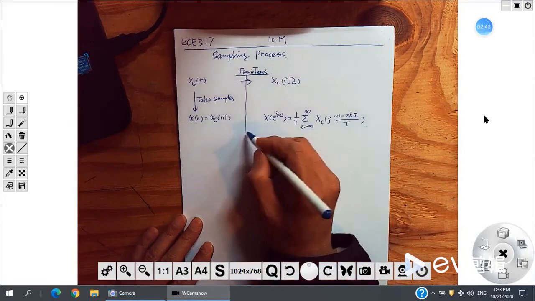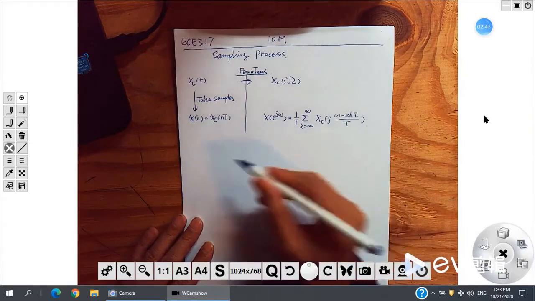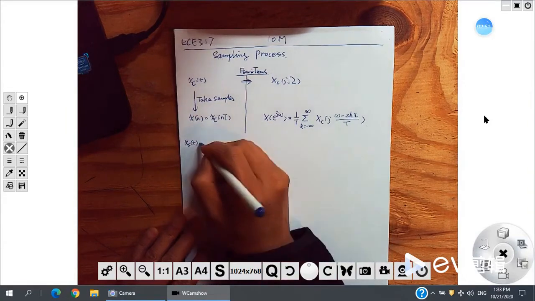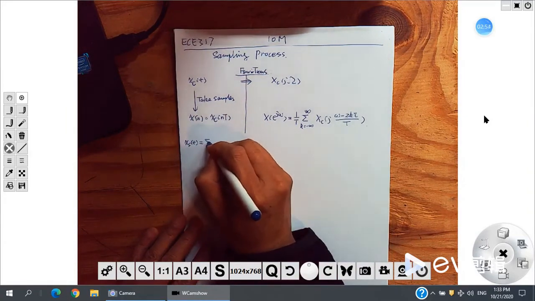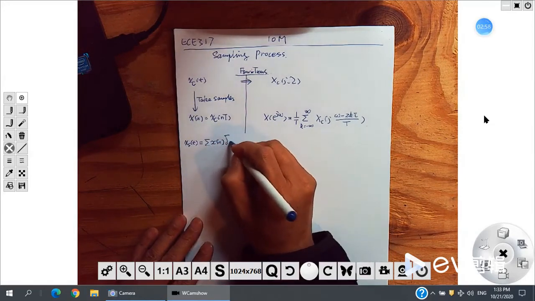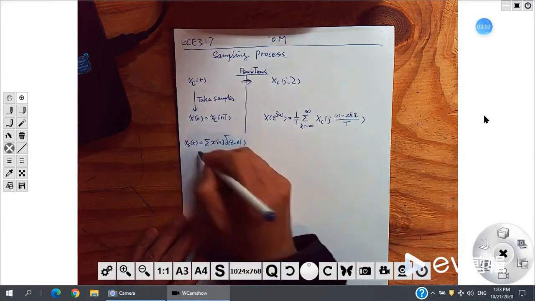And I also introduce a different signal that will be used later. I put it here. That is xs of t. This one is the summation of x of n times delta of t minus nT for all the n's.